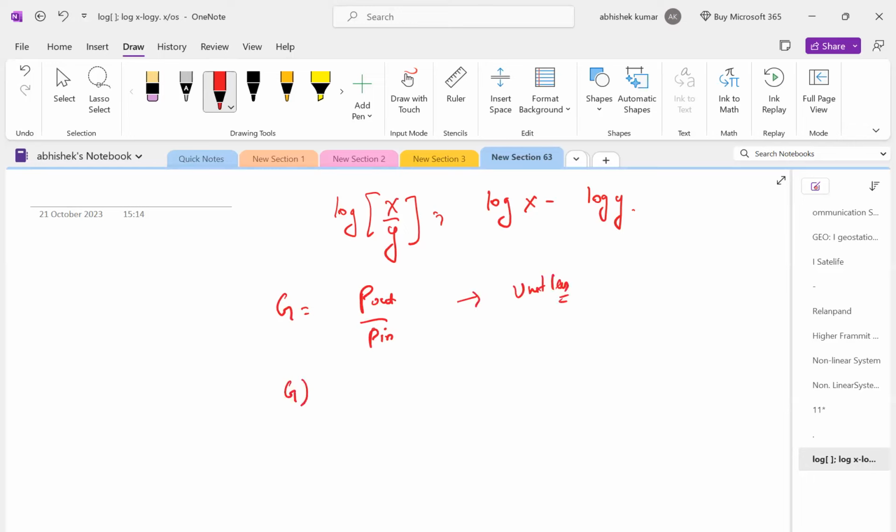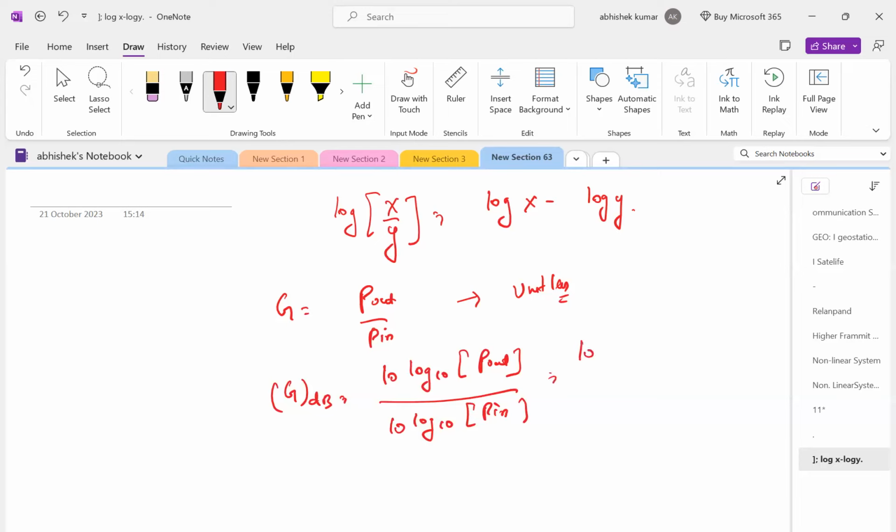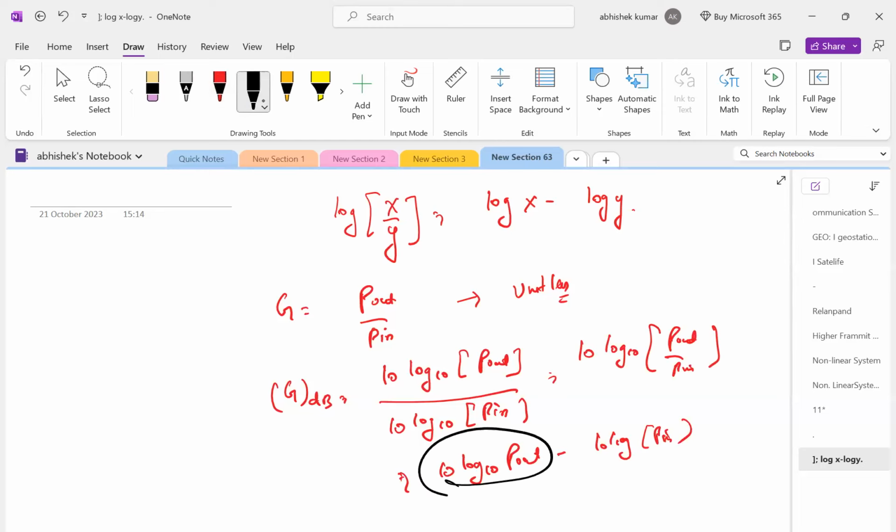Now, if you want to have it in dB, what will you do? You can write 10 log10 P output by P input, and that will be equal to 10 log10 P output minus 10 log10 P input, and this is P output in dB or dBm.